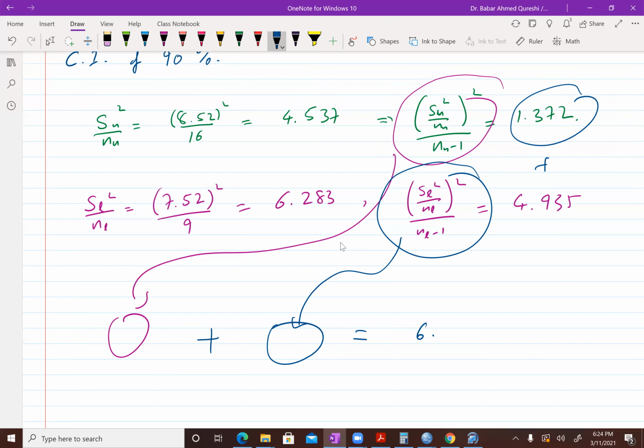That T bigger than this number has probability alpha by 2, which is 0.05. So this area, this is the critical value. This area is 0.05.